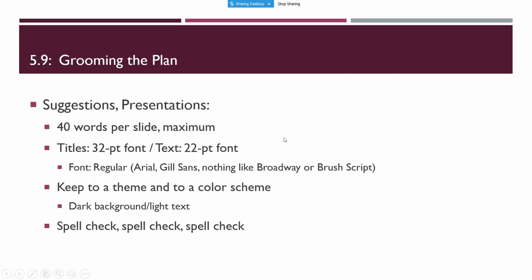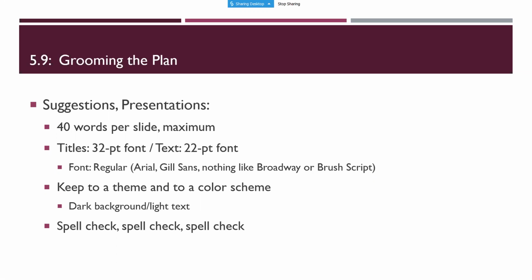But then when it comes to the presentation, some of the suggestions offered by the textbook authors, it has suggestions and things to not do. 40 words a slide max is what is recommended. The titles to basically go no bigger than 32-point font, and the text at 22 or around there, and to go with some sort of regular font.